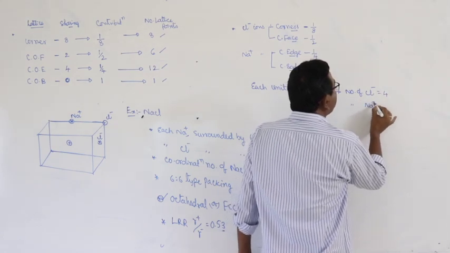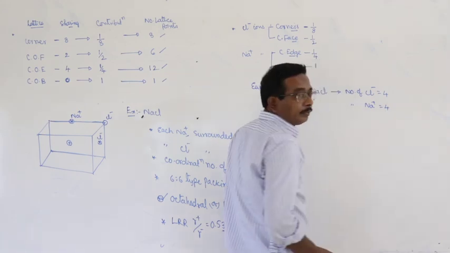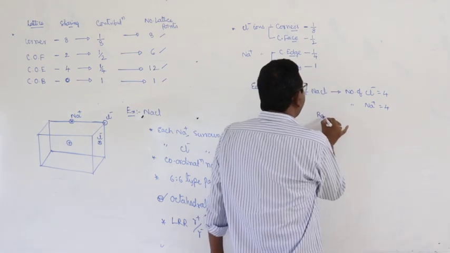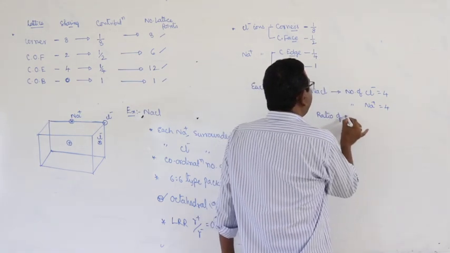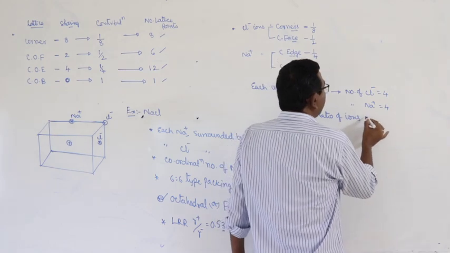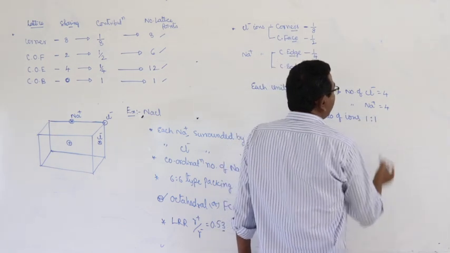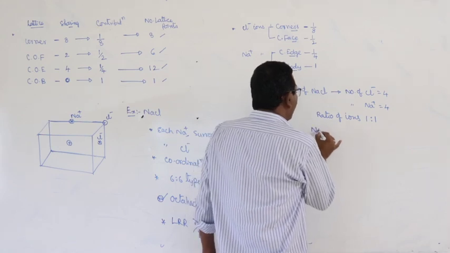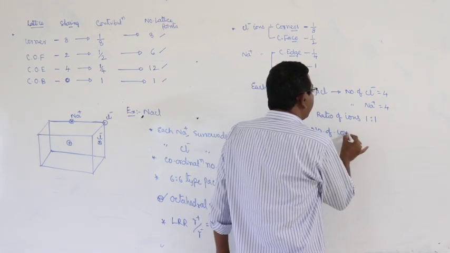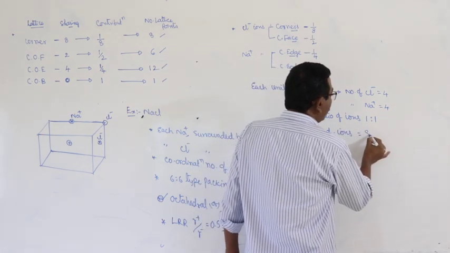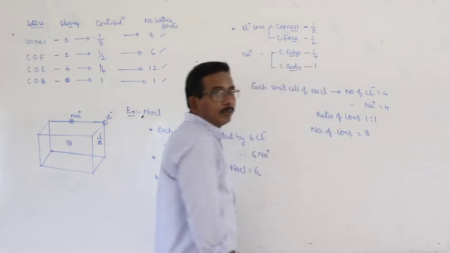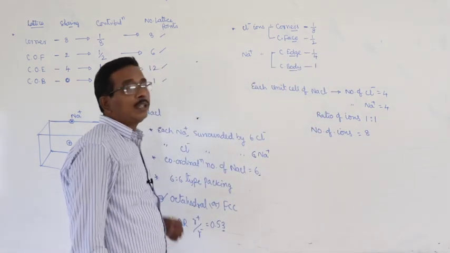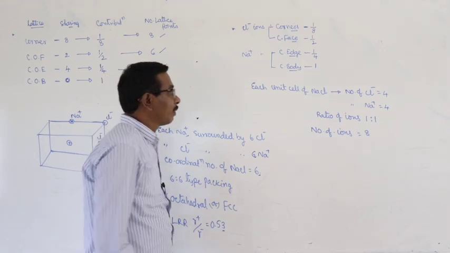Number of Na plus ions is equal to 4. Ratio of ions is 1:1. Total number of ions is equal to 8. 4 cations, 4 anions. Total number of ions 8.